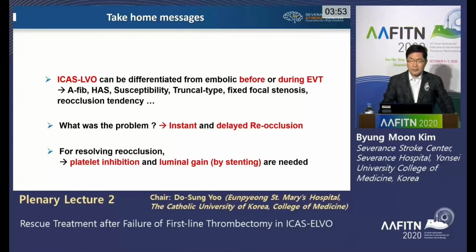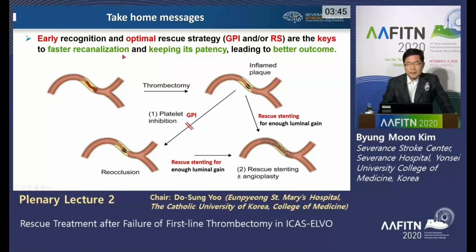For resolving reocclusion, platelet inhibition and luminal gain are needed. Early recognition and optimal rescue strategy, GPI and/or rescue stenting, are the keys to faster recanalization and keeping its patency, leading to better outcome.